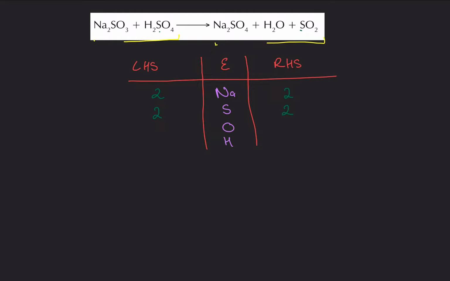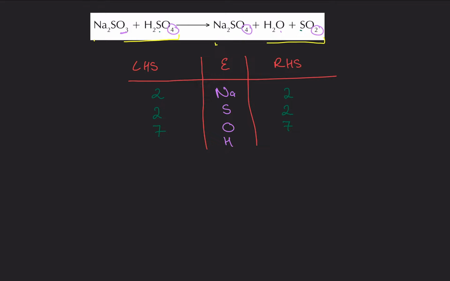I have 3 here plus 4. So in total on the left-hand side, I have 7. Okay, and then oxygens over here, I have 4, 2, and a 1. So I have 7 over here.